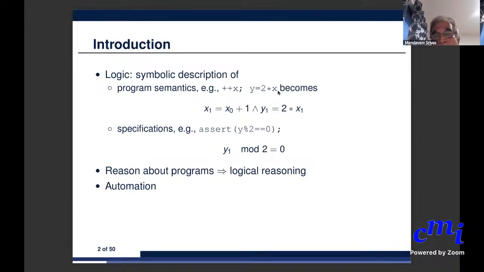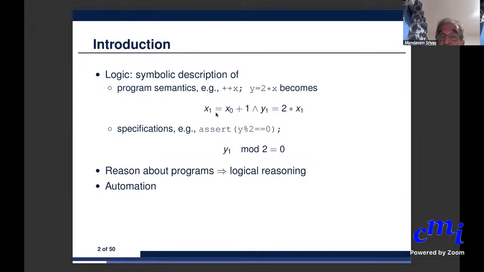But to just initiate you into this, let's suppose you have a program fragment having 2 statements. Here, we can ask what it means to model the effect of this program. One way is that each of these conjuncts models the effect of a specific statement.